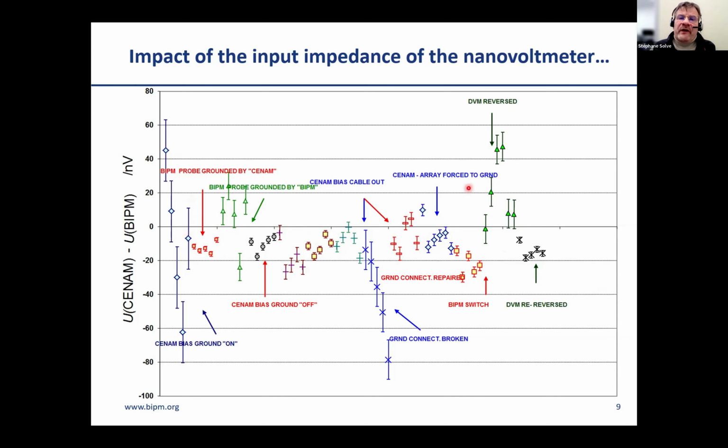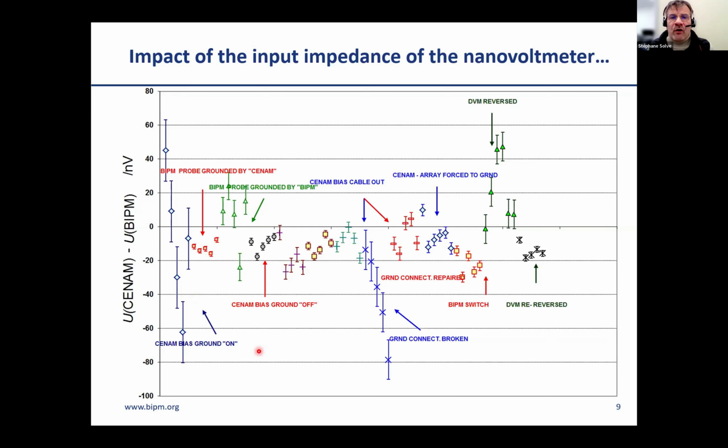We also tried different types of cables and so on. We tried to reverse the polarity of the detector to see what would be the effect, to try to investigate this error. But you can see that for most of the experiments, the -10 nanovolt offset remained all along.